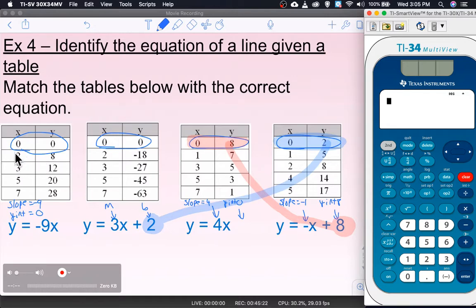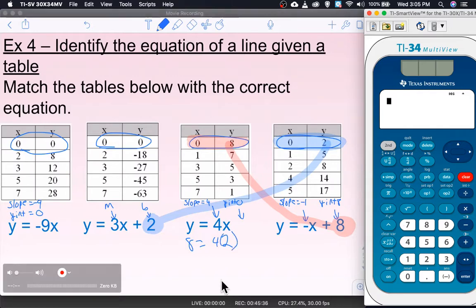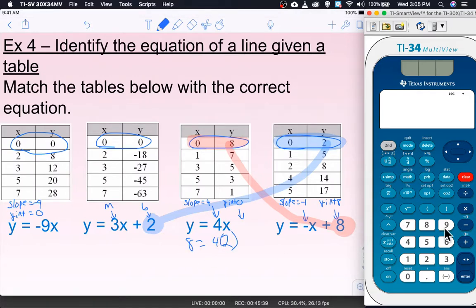If I plug in the 2 for the x and the 8 for the y, would it work in this equation or this equation? The answer is this one. If I plugged in 2 for x and 8 for y and did the math, 4 times 2 is 8. That math checks out because that makes this equation true.